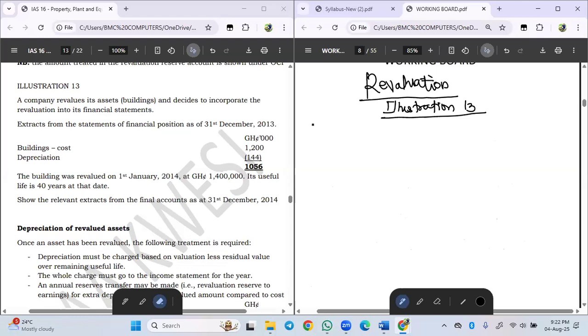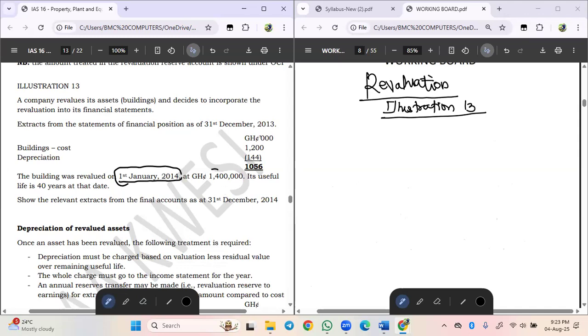Okay. So this one is straightforward, but the subsequent ones will not be like this. Two things you must focus on: the date for that particular revaluation. So the date for the revaluation was what? 1st January 2014.